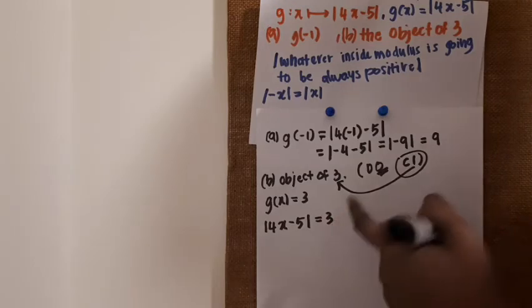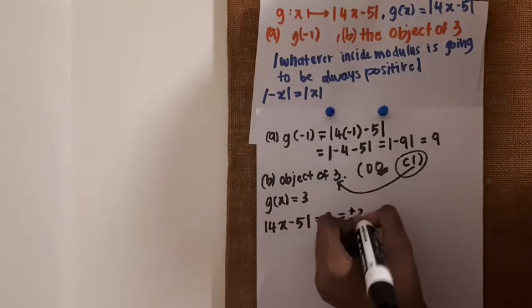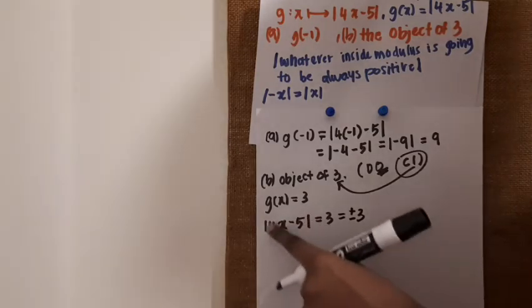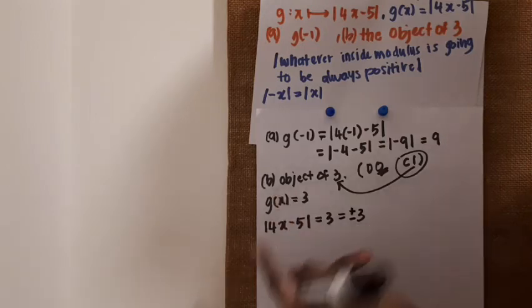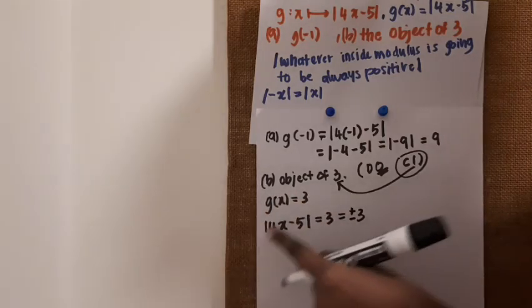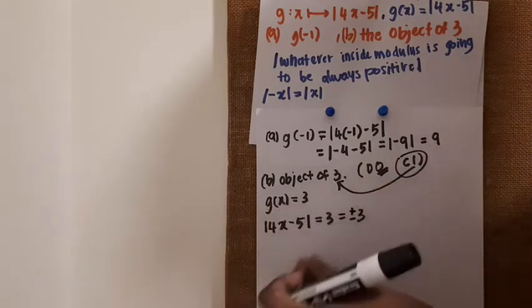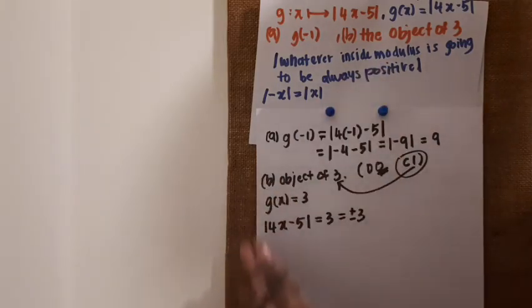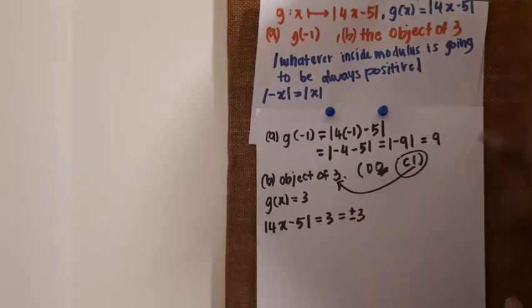So this 3 can be equal to positive or negative 3, right? Maybe the expression inside might be a negative number that became positive because of the modulus, or it can also mean that a positive number has stayed positive. So the 3 can come from two possibilities.